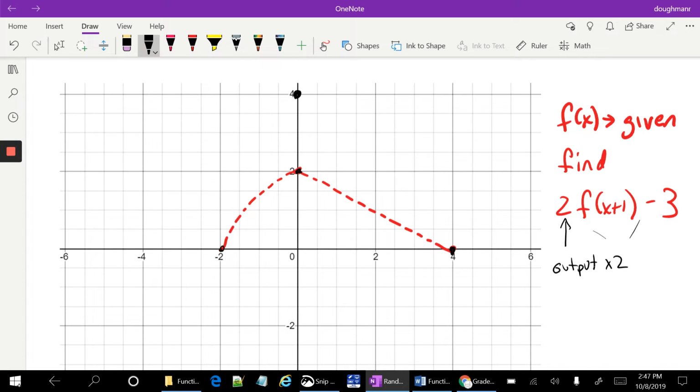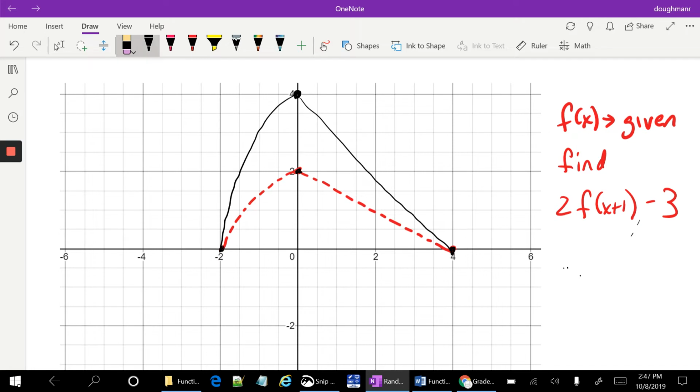And then my other point of negative 2, 0, once again, the output 0 multiplied by 2 is still 0. So now I can sketch in, I know the general shape of my graph. So that's taking care of the 2 in front of the function.